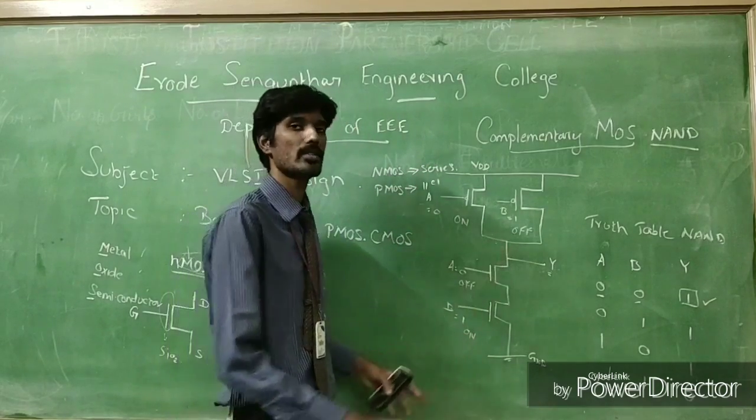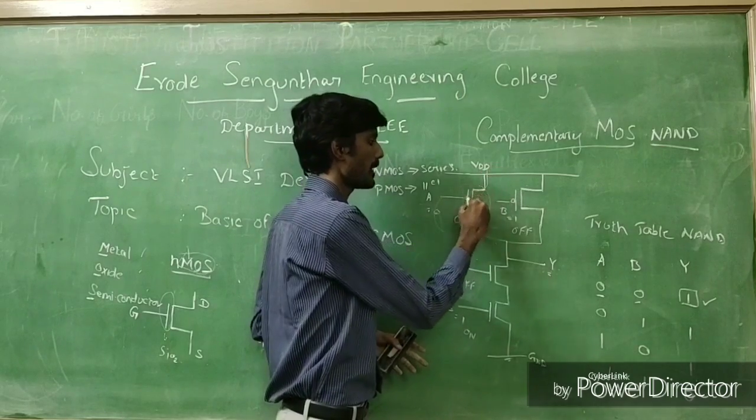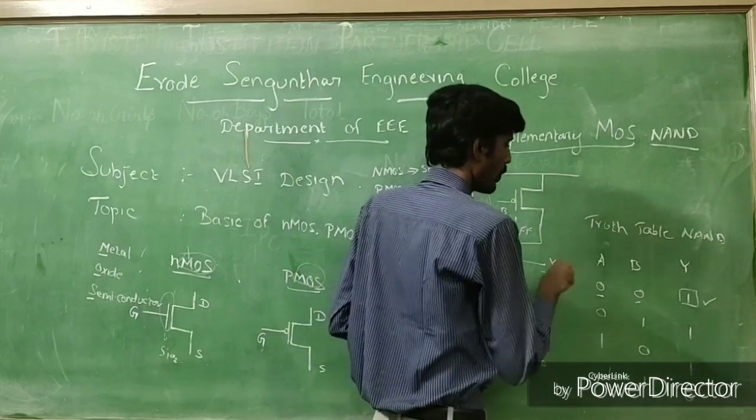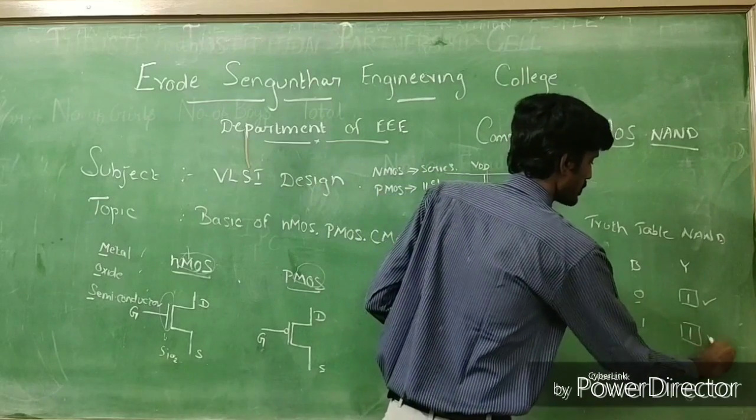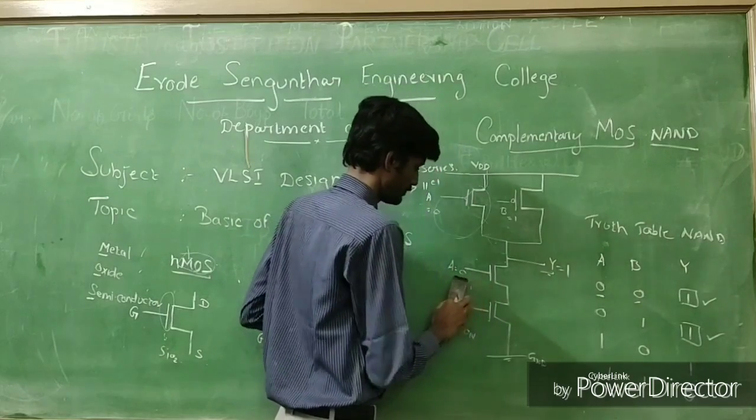The PMOS has a parallel combination, so one of these PMOS should be activated. It receives the supply from VDD and gives the output Y equal to 1. So this condition is also correct. Next, we apply the third input.